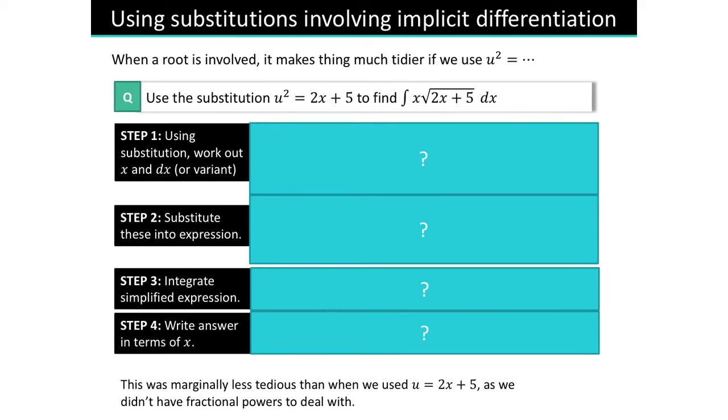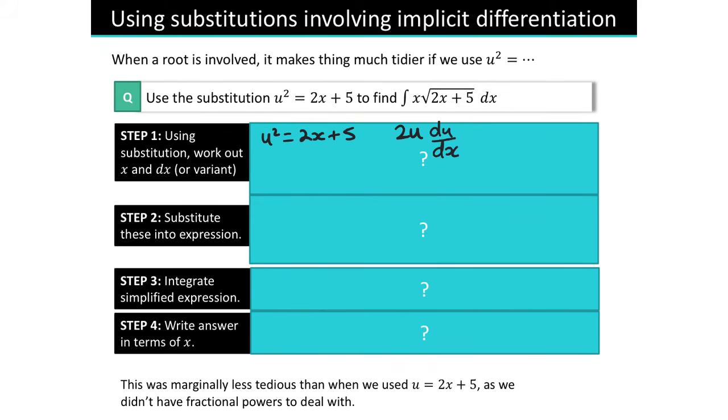So, this question is different to the one we did before, because instead of saying u equals this, they've told us u squared equals this. So it's only the first step that's different. If we need to differentiate this, we know that u squared equals 2x plus 5. So if we were to differentiate this, what's u squared differentiated? 2u du dx, because we're differentiating u with respect to x.